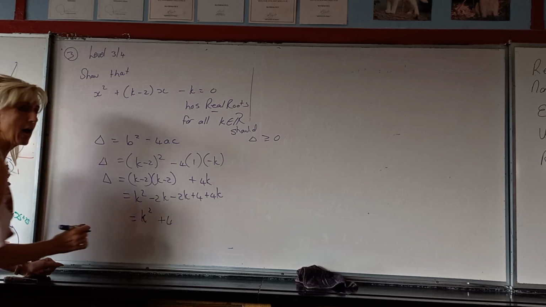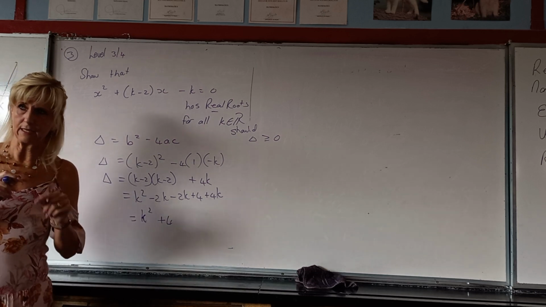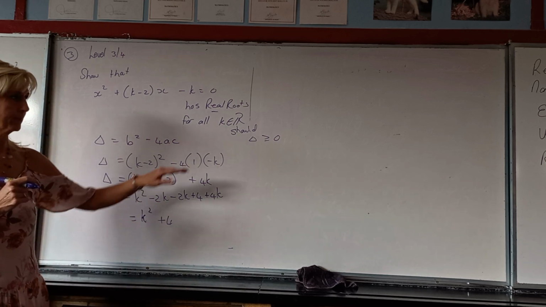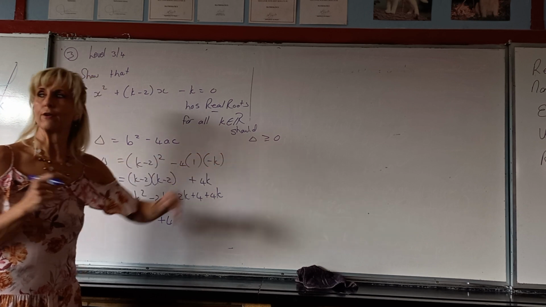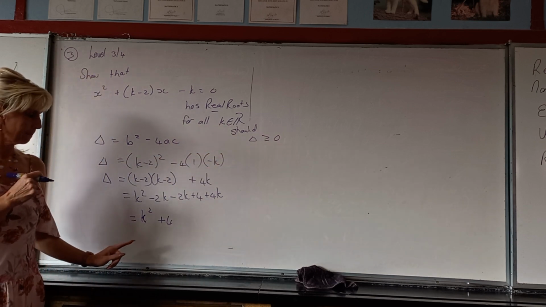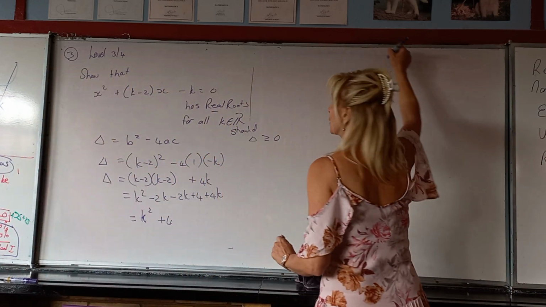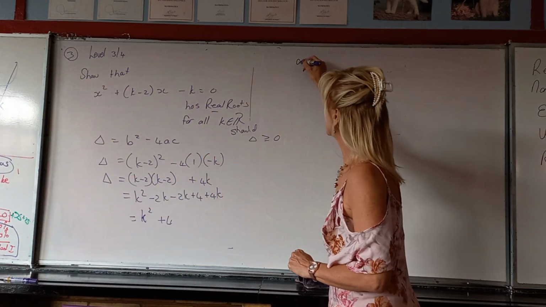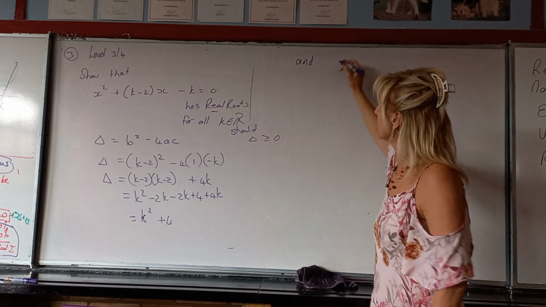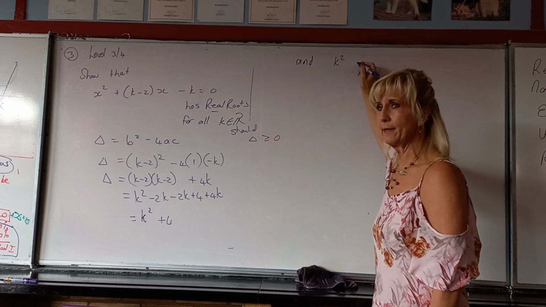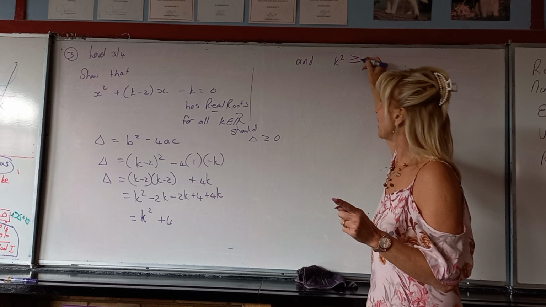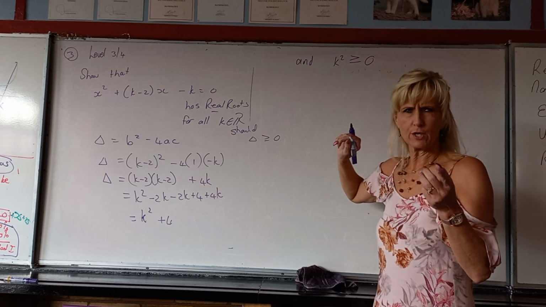Now, how will I prove mathematically that this is definitely bigger or equal to 0? Yes. Anything squared is going to be positive. Fantastic. Anything squared is definitely positive. You're going to say, and here's my conclusion, k squared is definitely positive, but equal also to 0, isn't it?